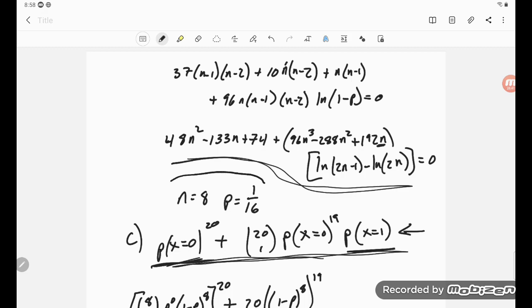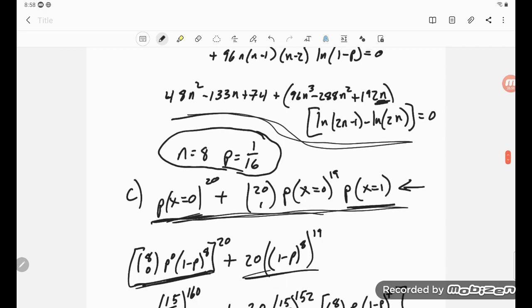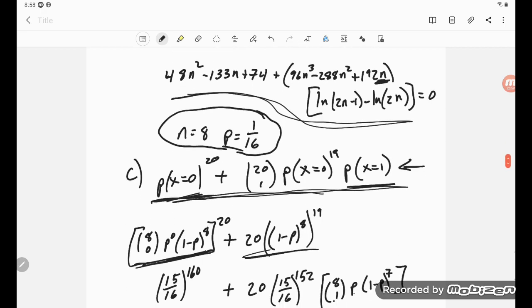But the bottom line is, it did appear, because of my mistake of dropping that n back here, it seems relatively flat, so it looks like the key is to get n times p correct, and as long as you get n times p correct, you're probably going to be pretty close.